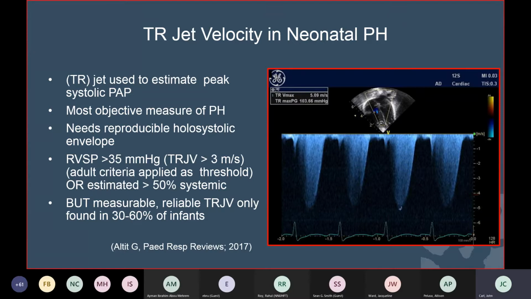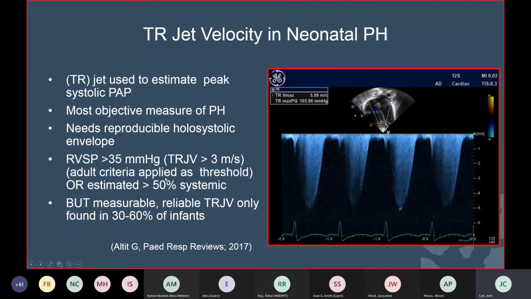This is the most objective measure of PH, but it really requires very reproducible holosystolic envelopes to be able to judge. And it's a longstanding and probably very helpful measure for patients who have right ventricular systolic pressures greater than 35 millimeters with the tricuspid jet velocity greater than 3 meters per second.